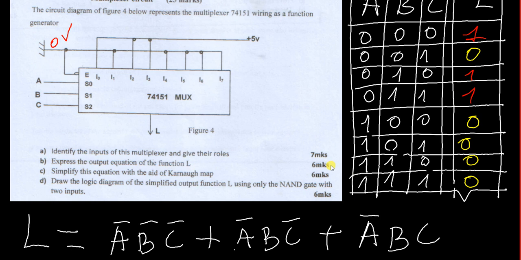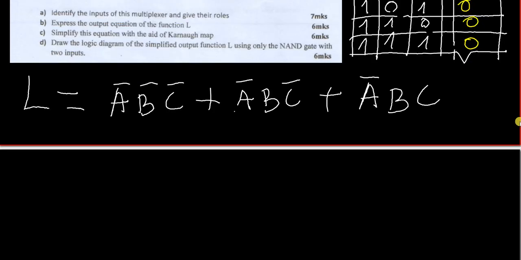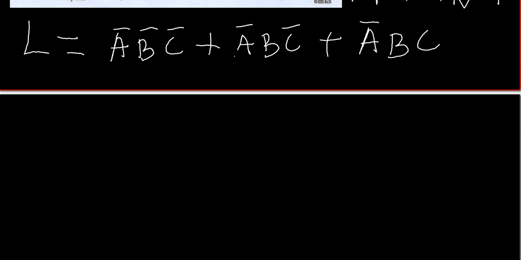It was under 6 marks. Express the output equation of the function L. Simplify the equation with the help of a Karnaugh map. So we are going to draw a Karnaugh map in order to simplify this equation. Let me quickly draw that Karnaugh map.